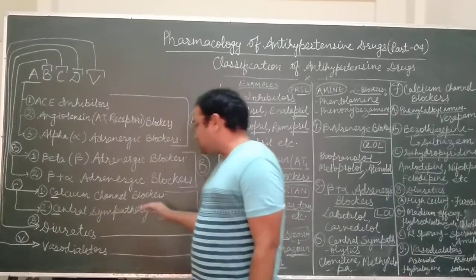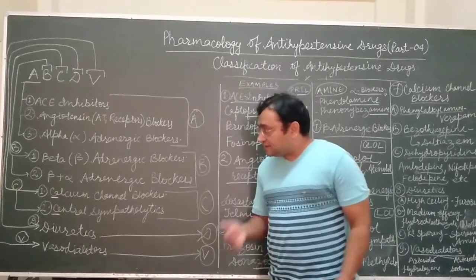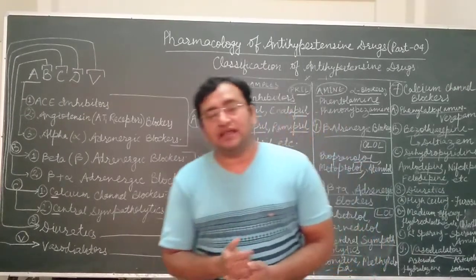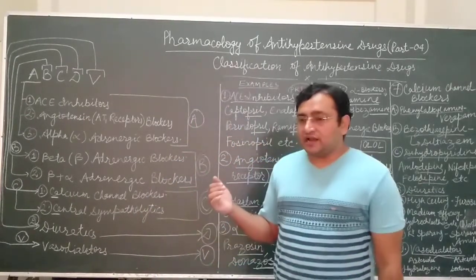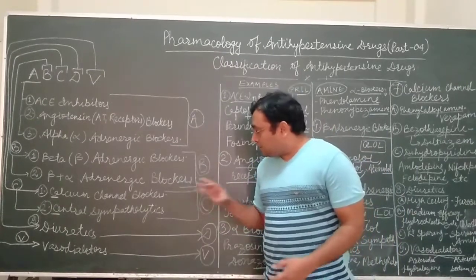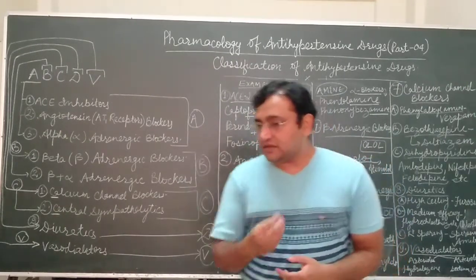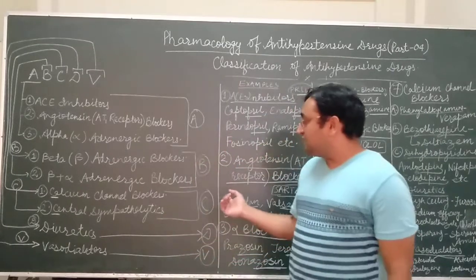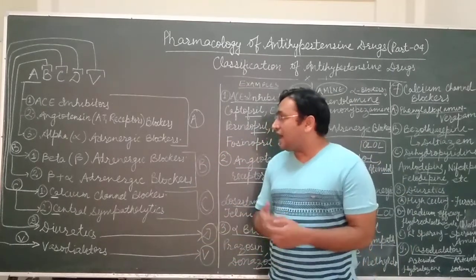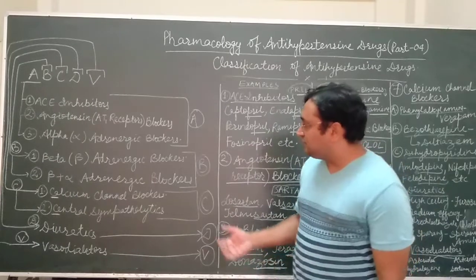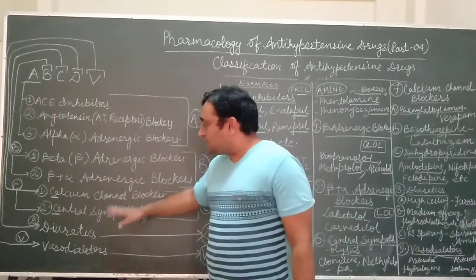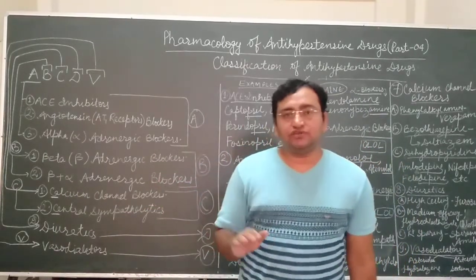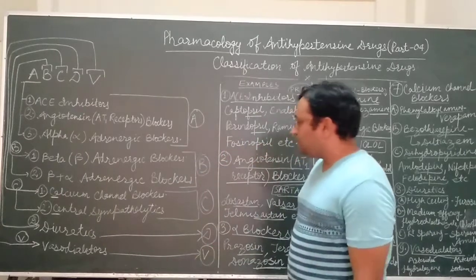Next one is central sympatholytics. Some central sympatholytic agents are there which lyse, meaning they break down, some centrally acting neurotransmitters that can reduce the elevation of blood pressure also.